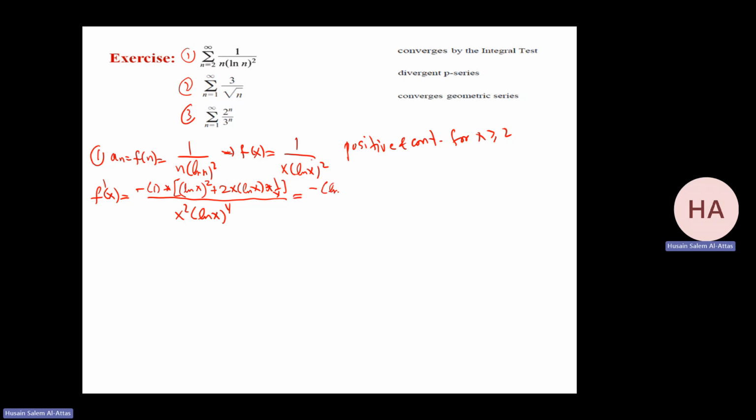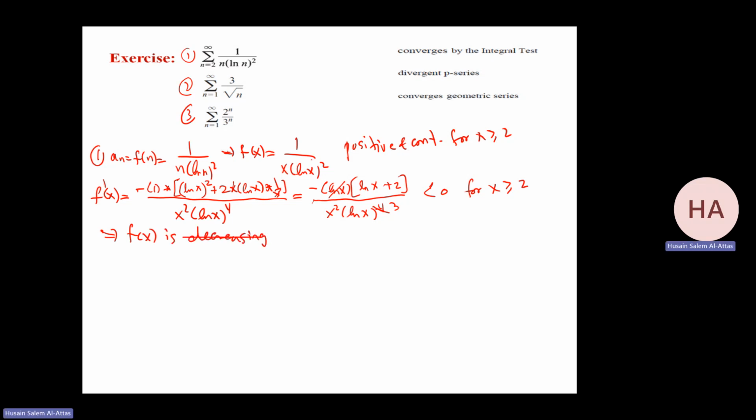I can take ln x as a common factor, and this x cancels with this x. That makes it ln x plus 2 over x squared (ln x) to the power 4. I can cancel this with this, so this is to the power 3. No need. Then the denominator is always positive, so this is negative for x greater than or equal to 2. Very clear. So it means f of x is decreasing.